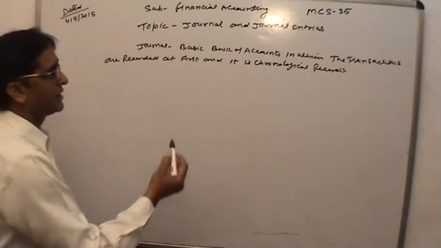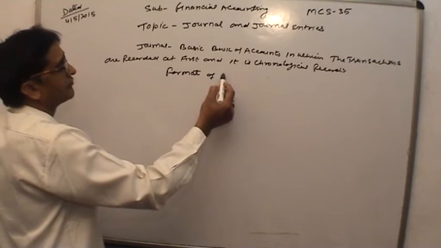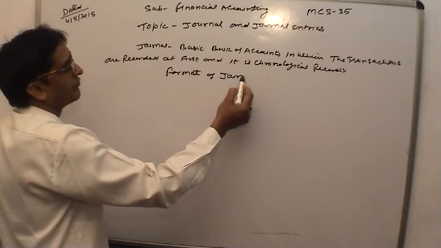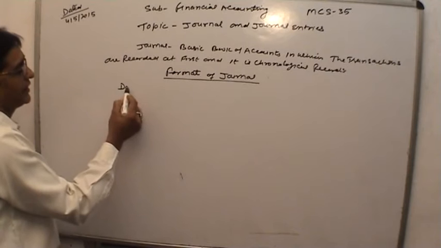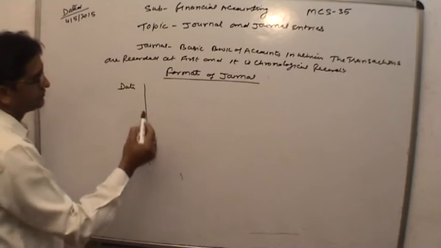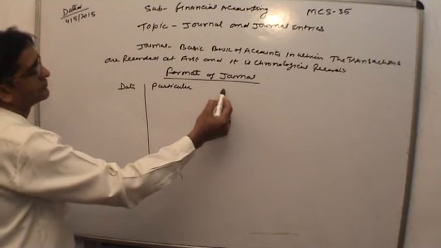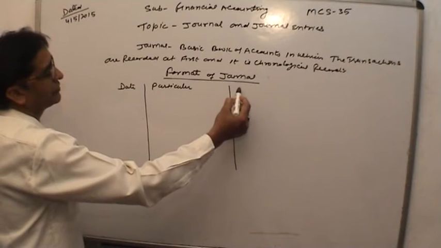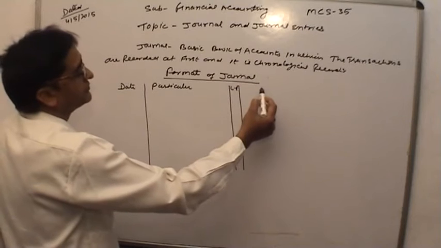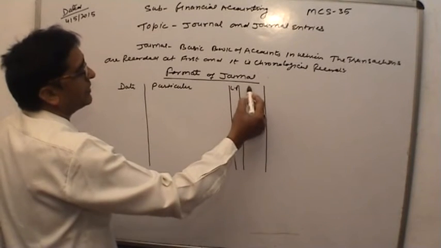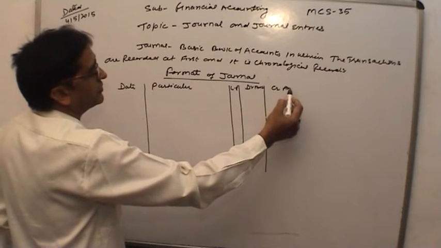And our format of journal: date, particular, then ledger folio, LF, then debit amount, and then credit amount.